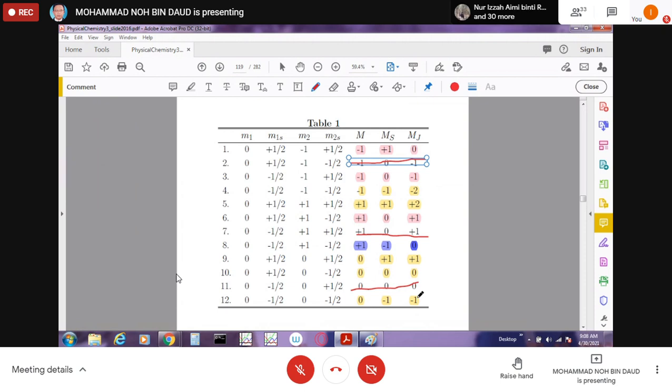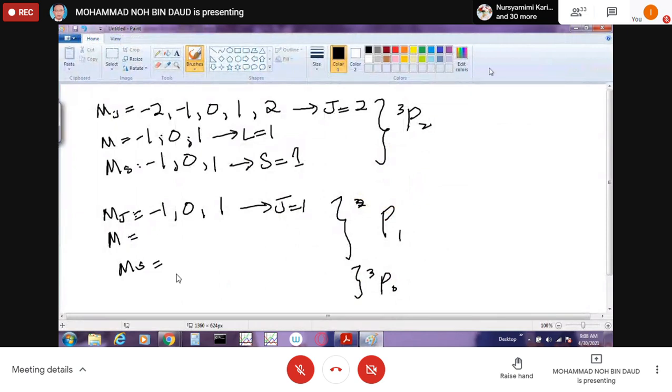Okay. So MS 0, MS 0, MS 0, this will give singlet state, and the M here is negative 1 to positive 1. Okay, this will give singlet P1, with this MJ from -1, 0, and 1.